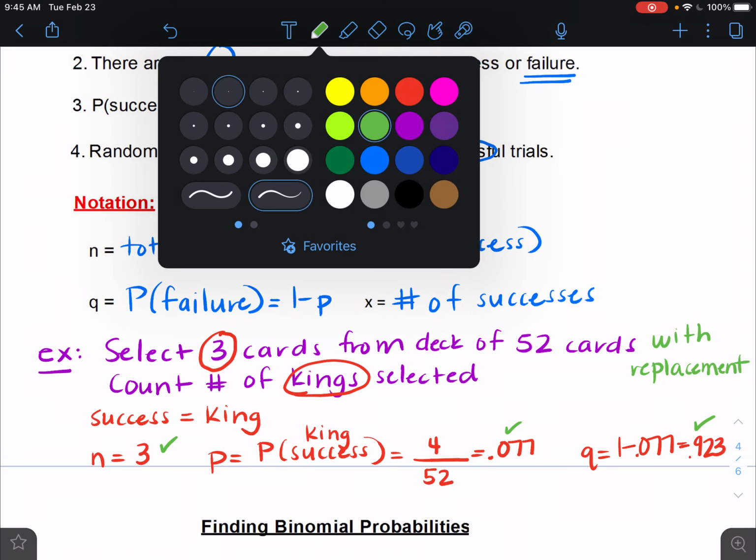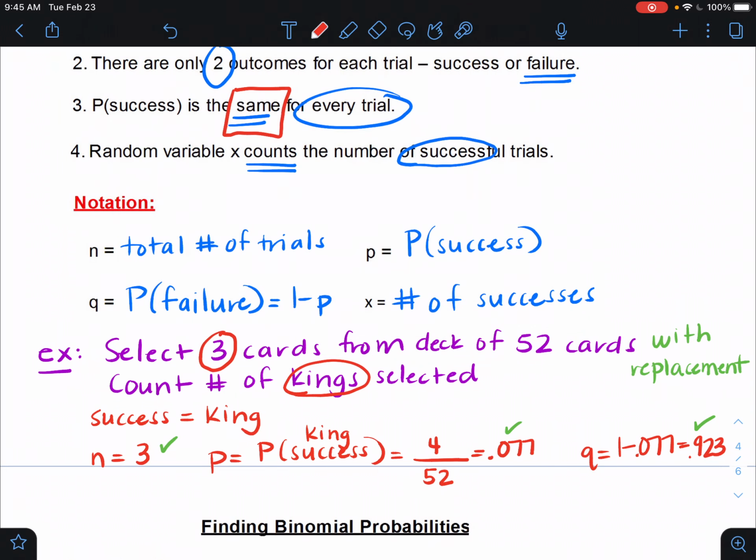The last thing we need to do is make sure that we can understand the possible values of x. Now remember, x counts the number of successes, in this case the number of kings. If I'm going to select 3 cards, my possibilities for x are: I could have 0 kings, 1 king, 2 kings, or 3 kings, but that's it.